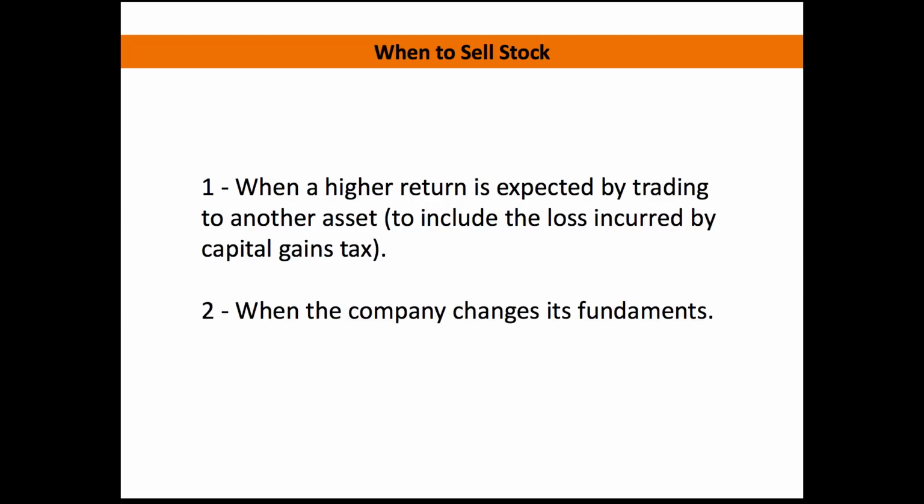The second variable he uses when determining whether he should sell something is if the company has changed its fundamentals. Back in Course 2, Unit 3, we discussed his 4 rules for buying common shares, and if any of those tenets change after he has purchased the shares, that alone is reason for him to sell.